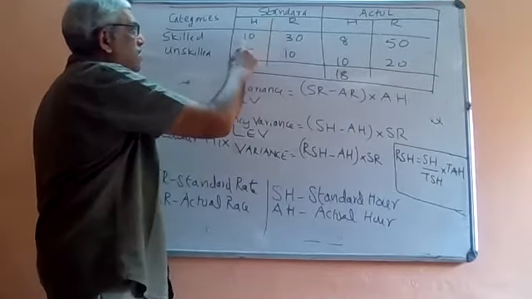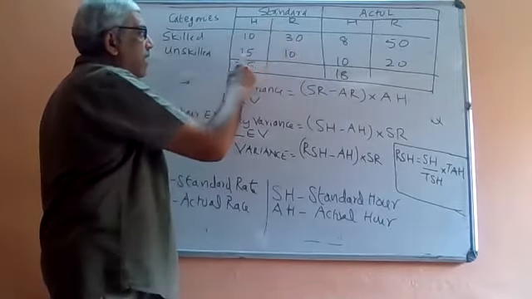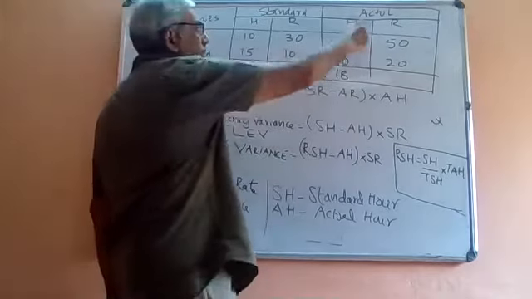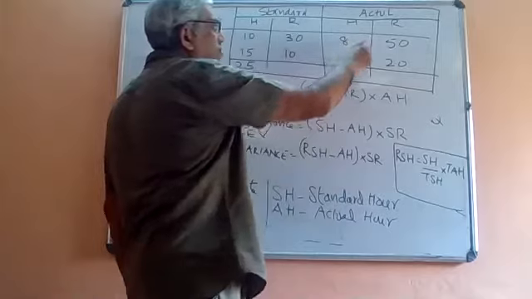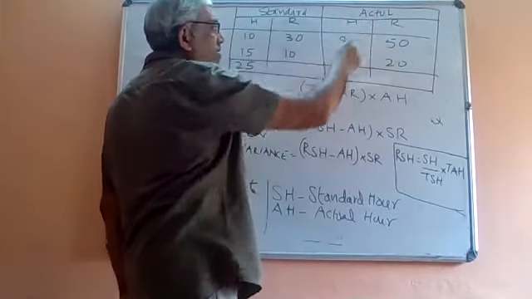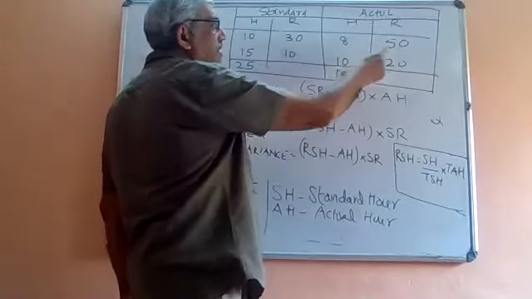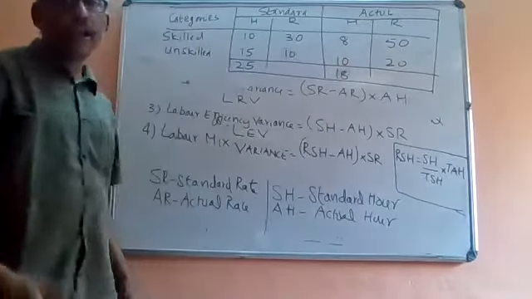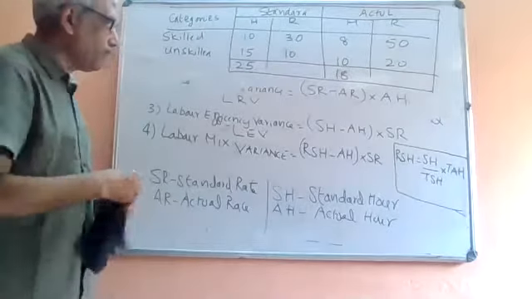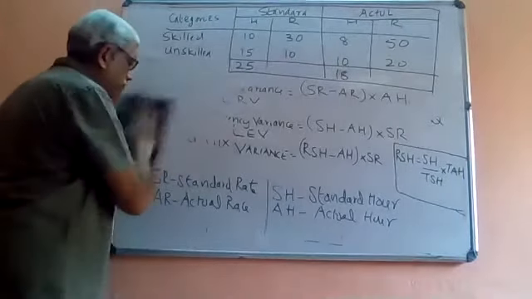Standard hour for skilled is 10, rate is 30, unskilled is 15 and 10. Actual hour for skilled is 8, rate is 50, and for unskilled it is 10 hours and 20 rate. So let us calculate using all the formulas.